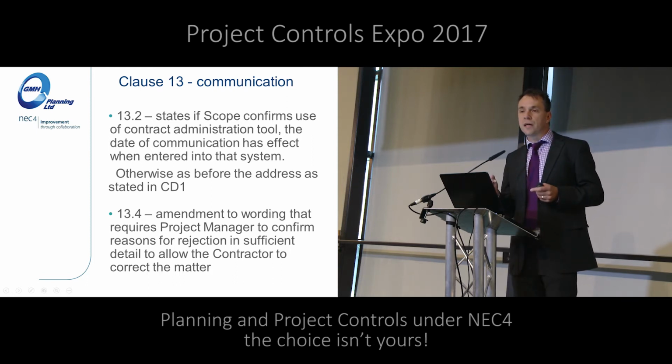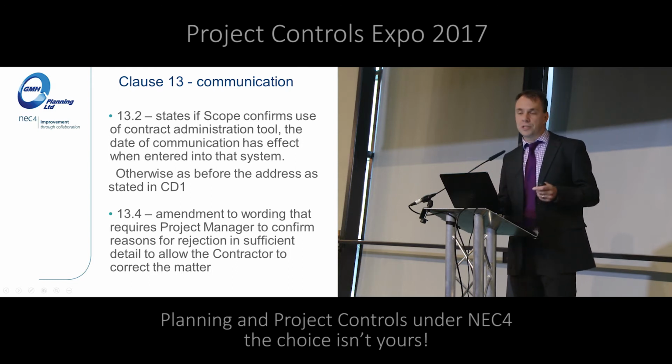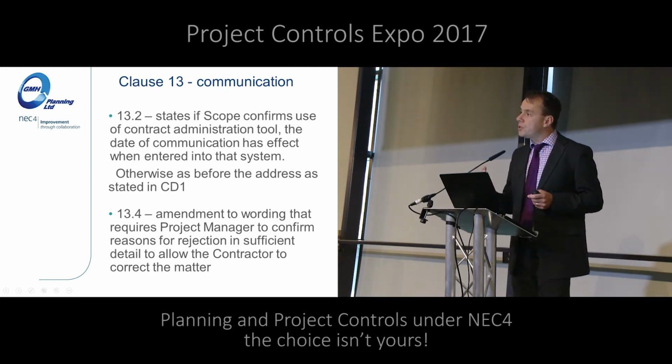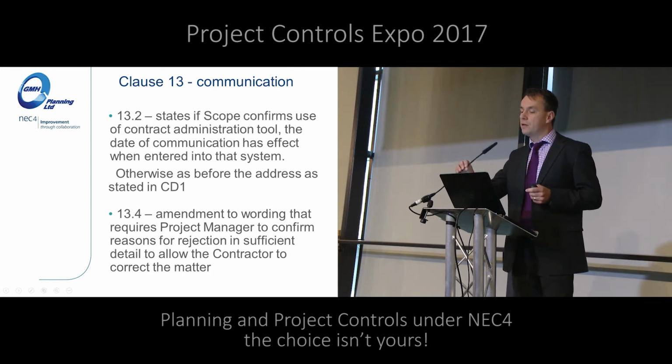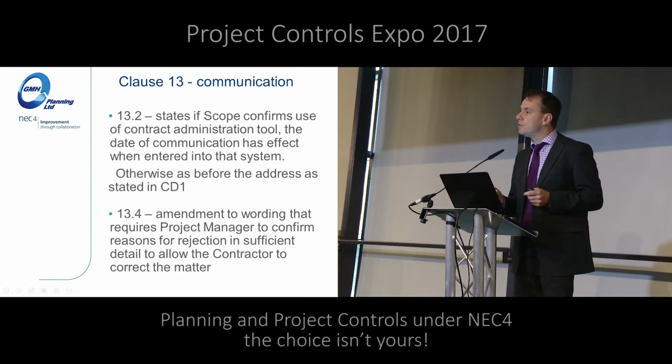So NEC4 now says, if you're using one, then reference within your contract data which one you're actually using. So 13.2 is confirming that communication flow can now be via the communication tool. Otherwise, it's as before, which was the address stated in Contract Data Part 1. So certainly all of your bigger projects will be using one of these tools, and more than likely either CMAR or A-Connect.